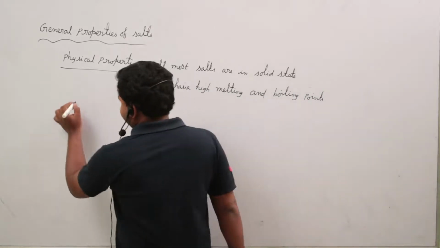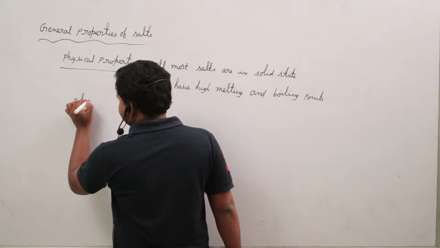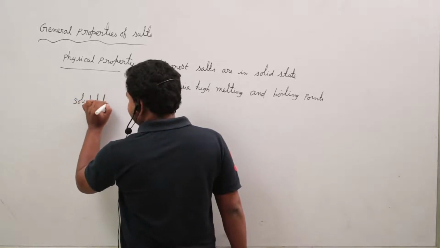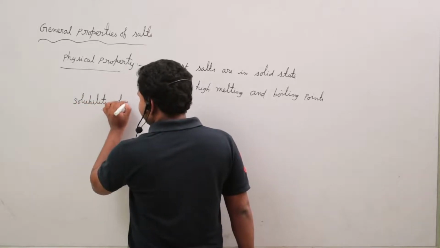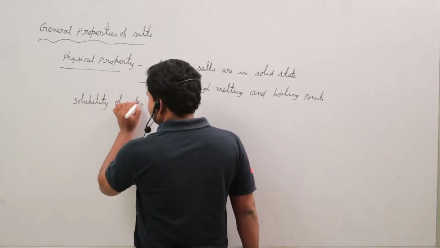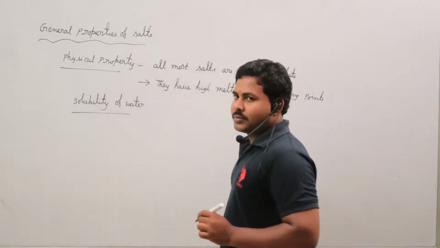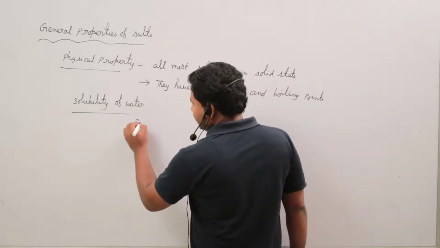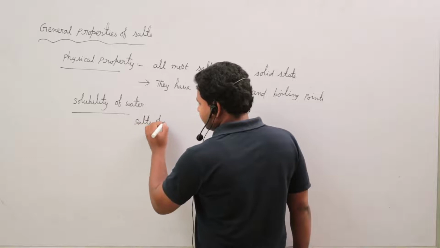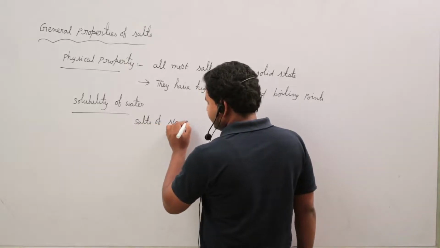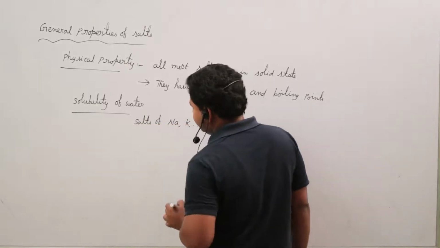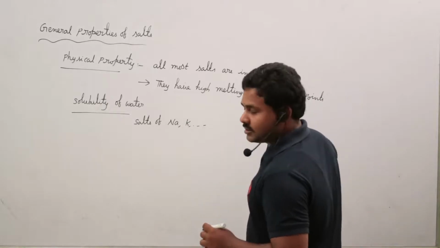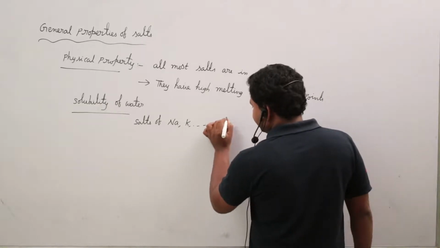Solubility in water. For example, salts of sodium, potassium, like that, this type of salts are soluble in water.